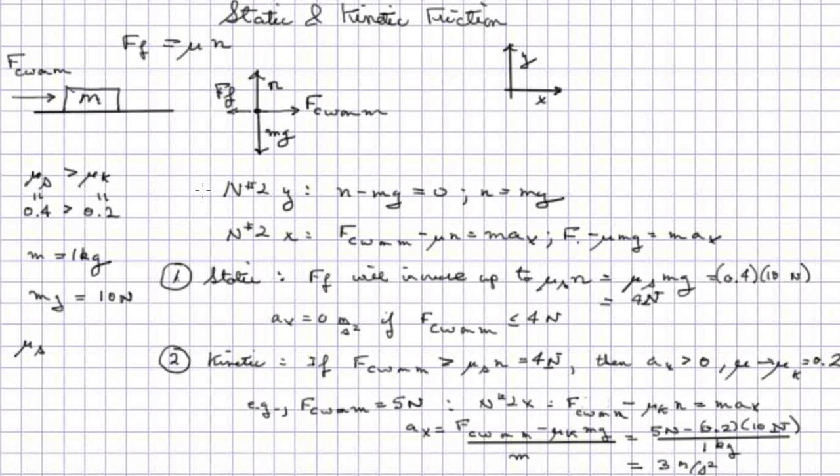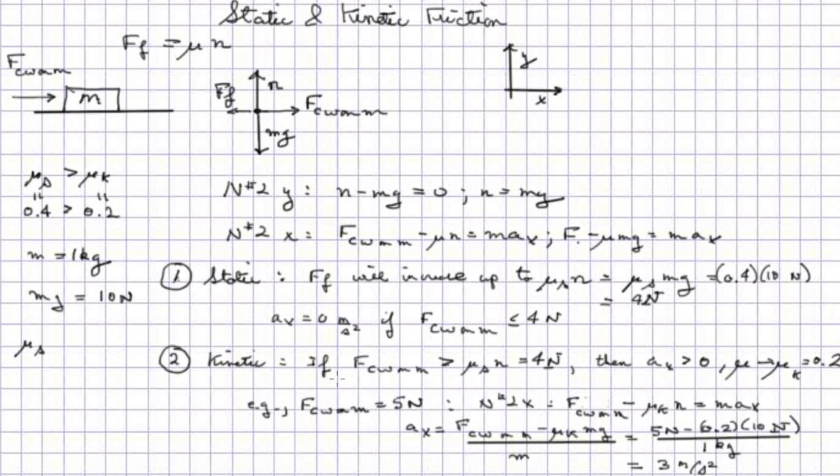If the force that CW applies on M is less than or equal to this, a sub x will be 0. If it's bigger than that, the mass will begin to move, and we transition to kinetic friction.